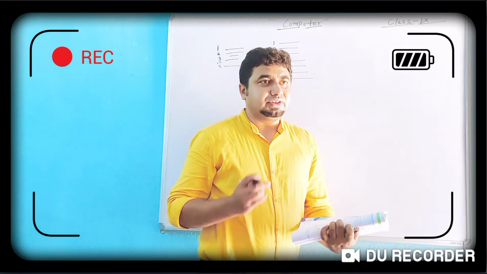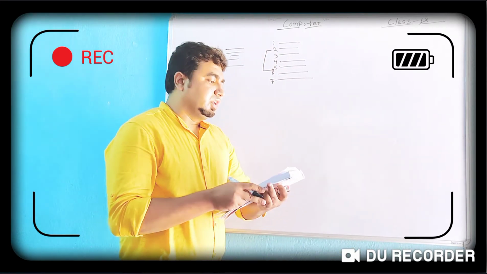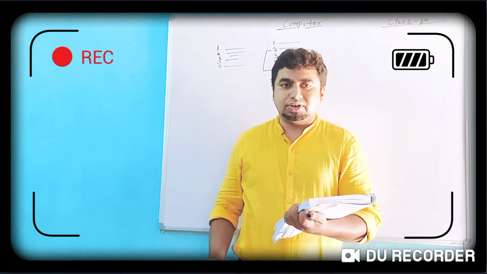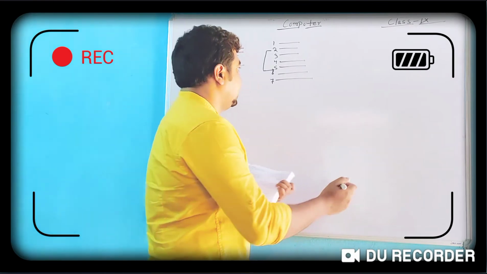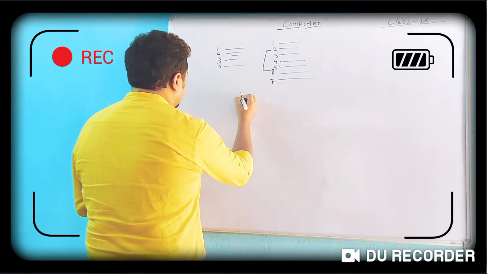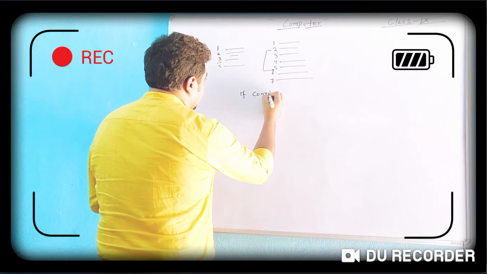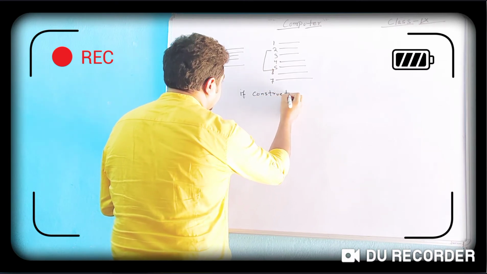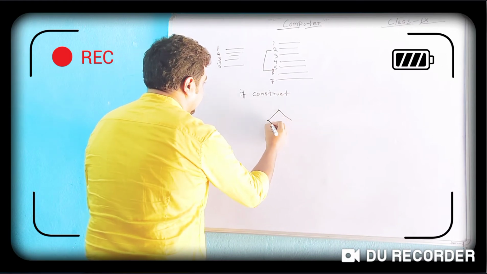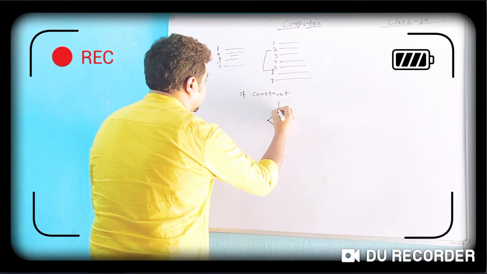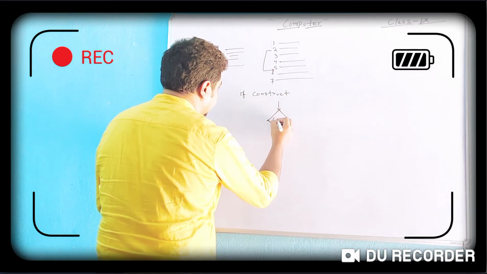There are basic constructs, and the first is the if construct. If means it will only be checking the condition. If the condition is true, then it will be executing, otherwise it will not execute. When control is coming, certain lines are written, and then the condition.